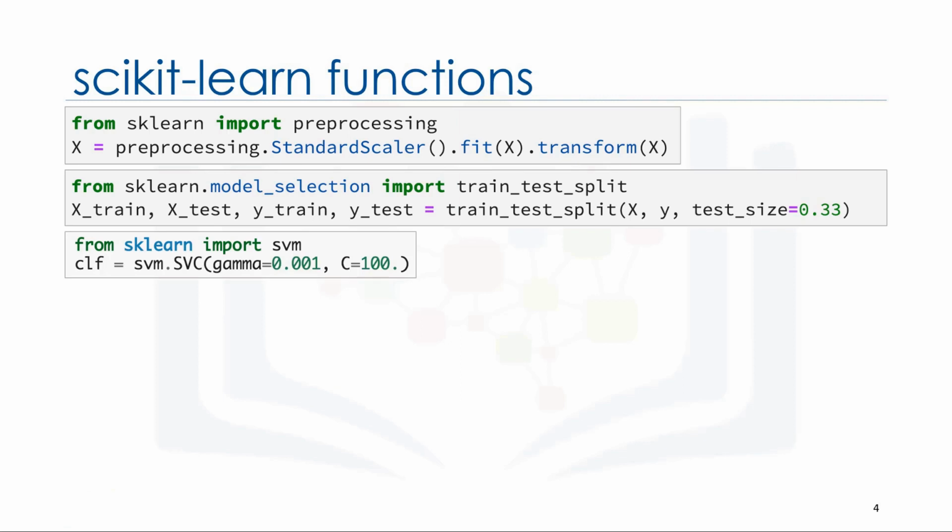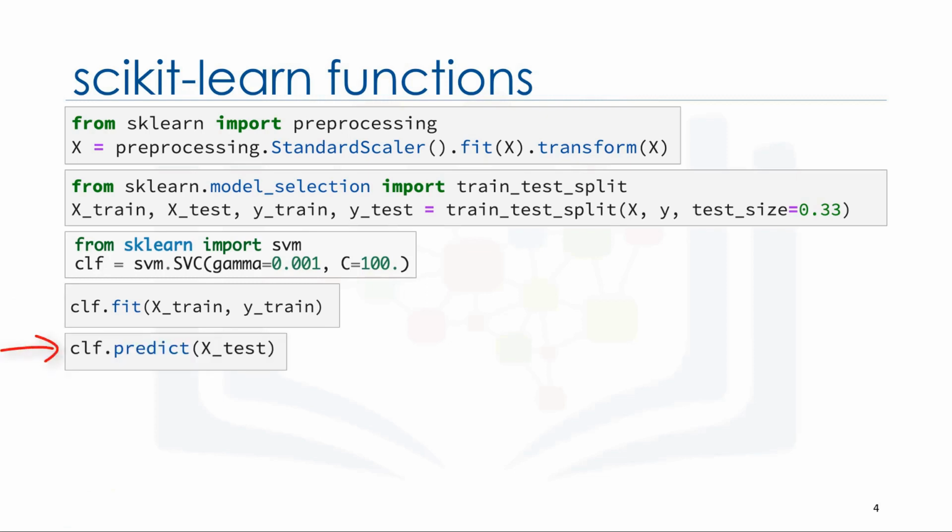Then you can set up your algorithm. For example, you can build a classifier using a support vector classification algorithm. We call our estimator instance CLF and initialize its parameters. Now you can train your model with the train set. By passing our training set to the FIT method, the CLF model learns to classify unknown cases.